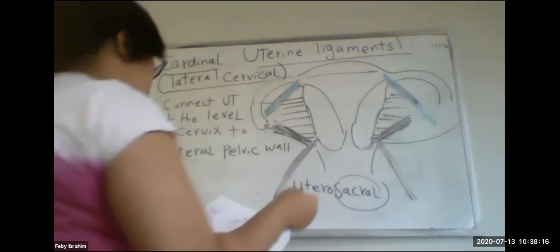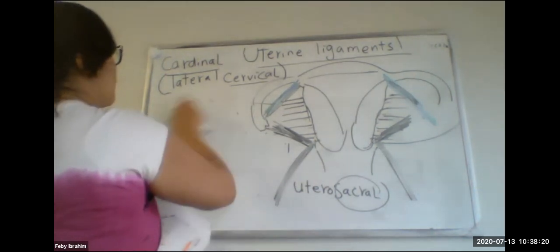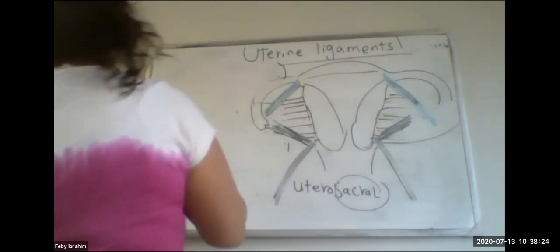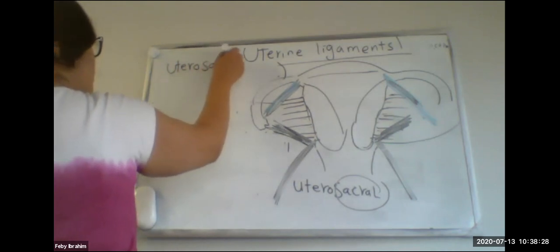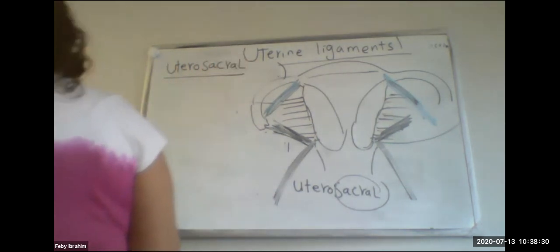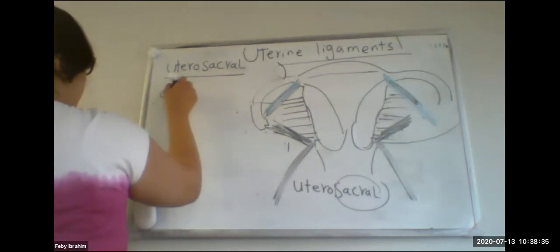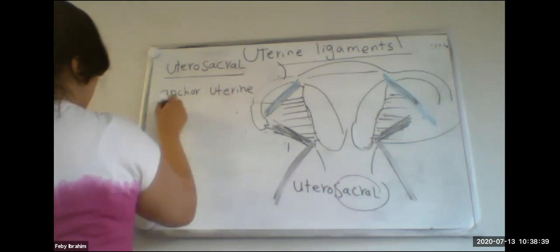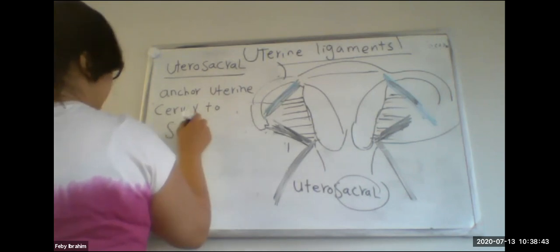Okay, next is the uterosacral. Uterosacral anchors the uterine cervix to the sacrum.